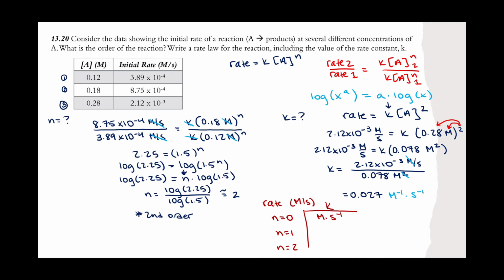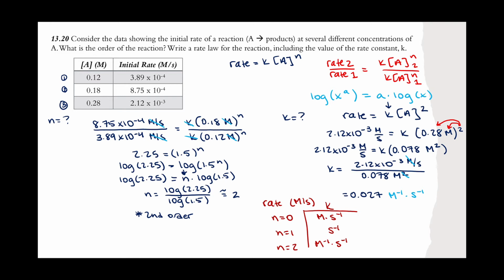If you have a reaction order of 1, or a first order reaction, you will have units of inverse seconds. And if you have a second order reaction, then you will have units of inverse molarity times inverse seconds, as we just saw. Now, if you have any fractions or higher order numbers, then your K will change.